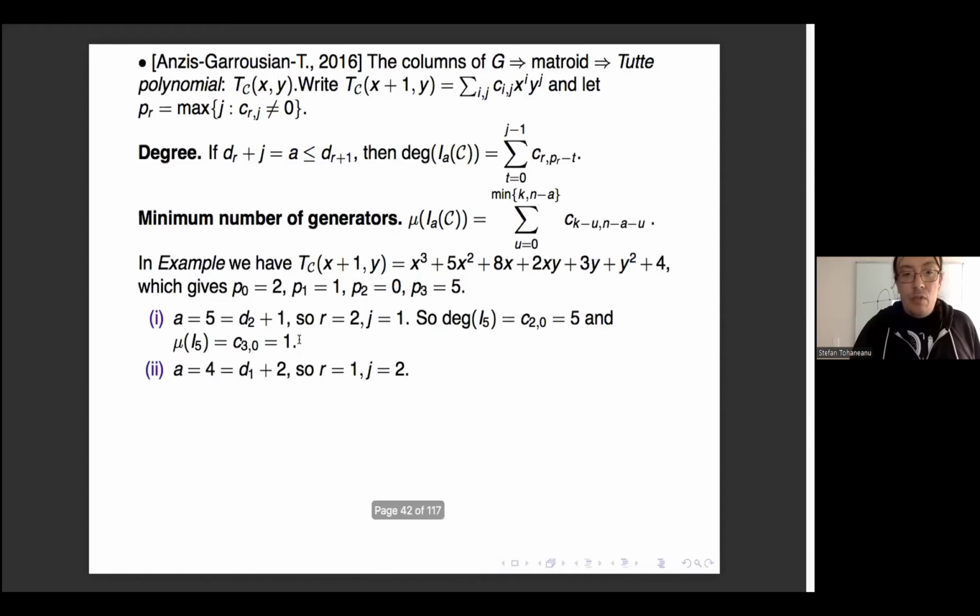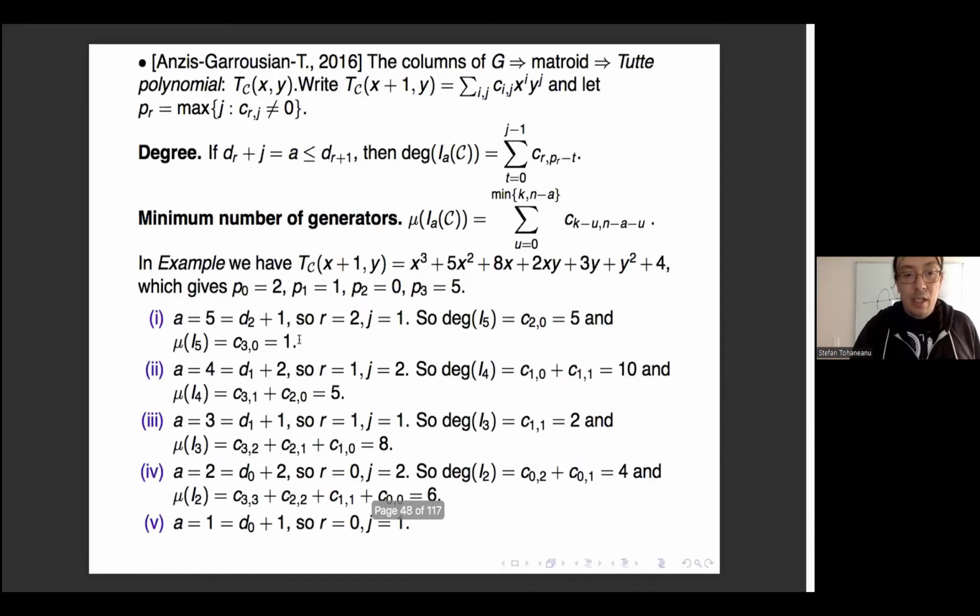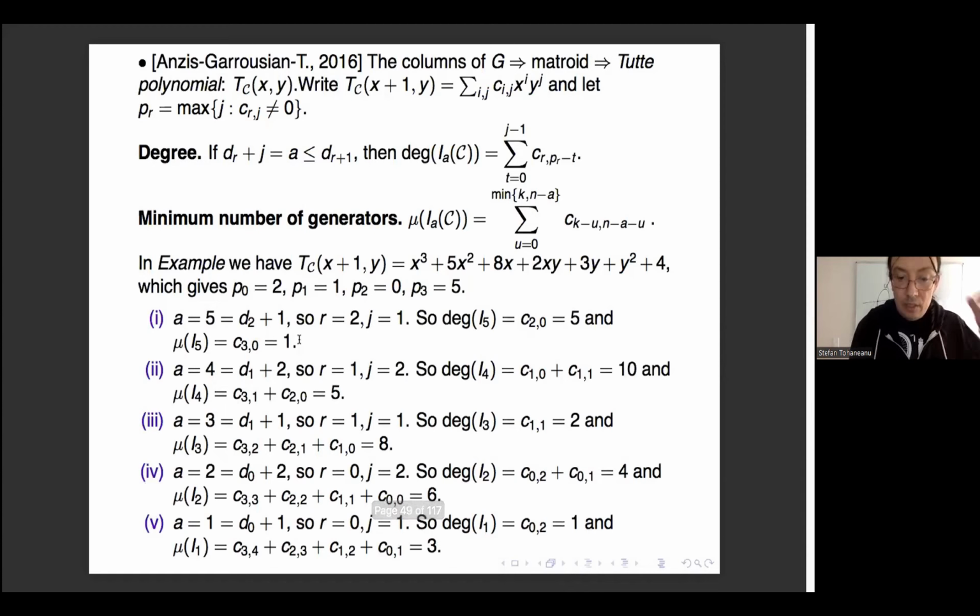So we do this for all the others and we'll see that things match as they are supposed to match. Like, for example, the last one, remember I1 is the maximal ideal, so the degree is 1, and it is minimally generated by the variables. We have 3 variables, so things are correct.